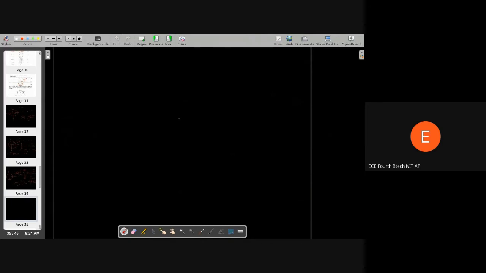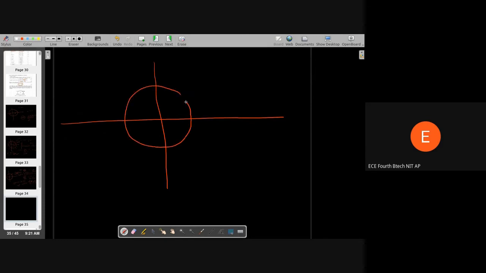So now, I was talking about the resonator. Let's imagine that we call it some r naught.